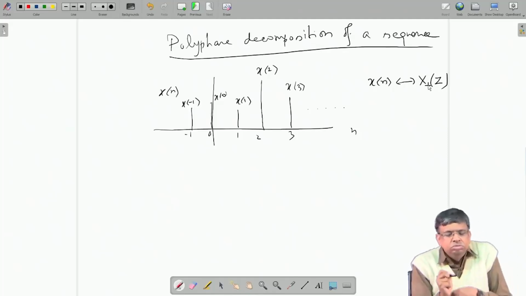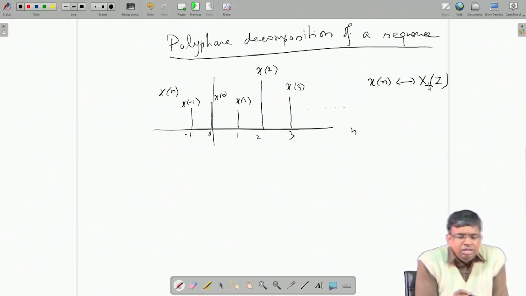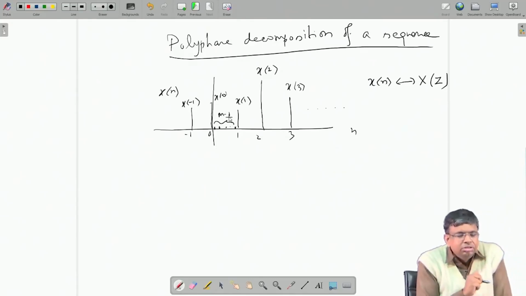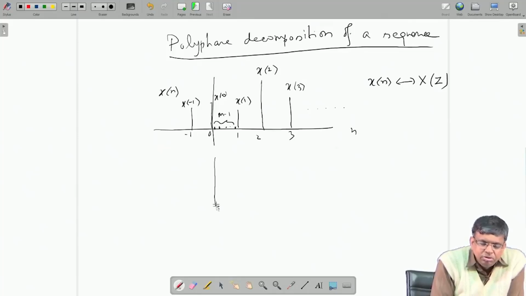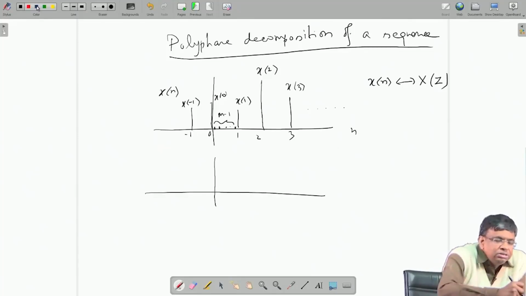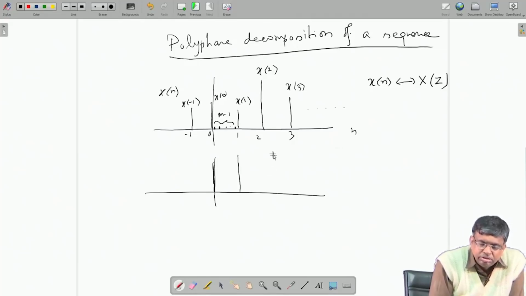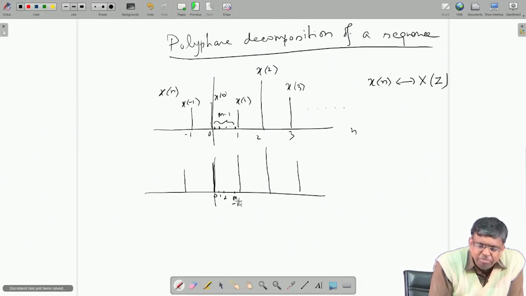What I do now is bring in additional points here, M minus 1 points. I have the same sequence, same values, but it is 0, then I have new points 0, 1, 2, up to m minus 1, where m is some chosen integer.